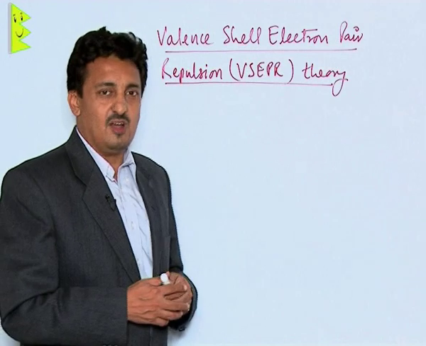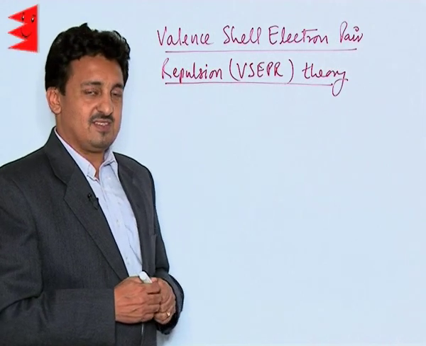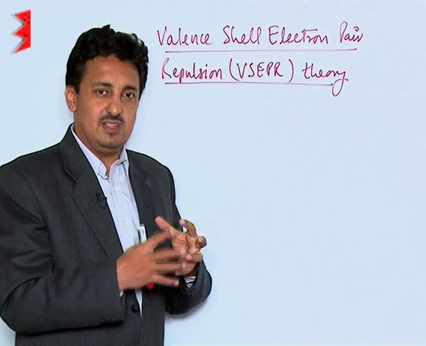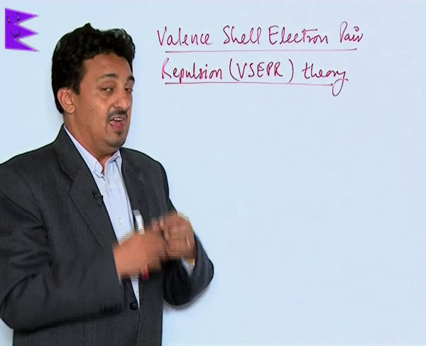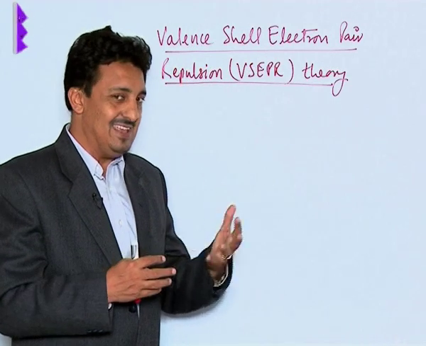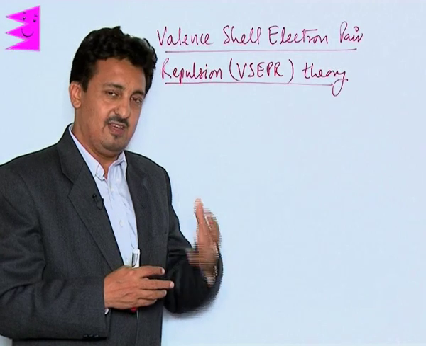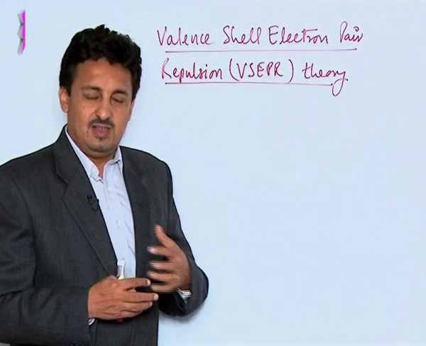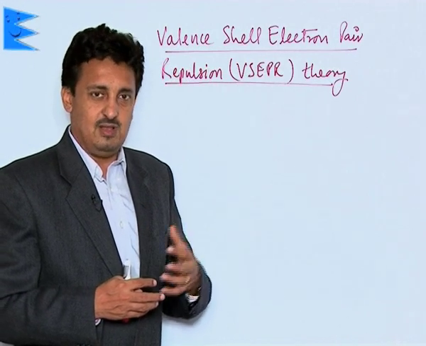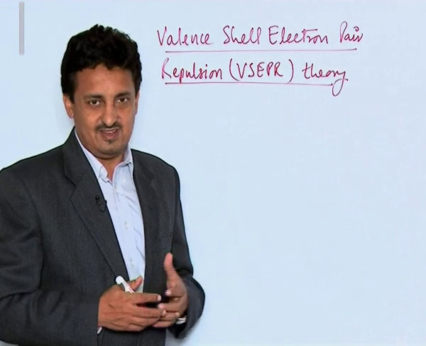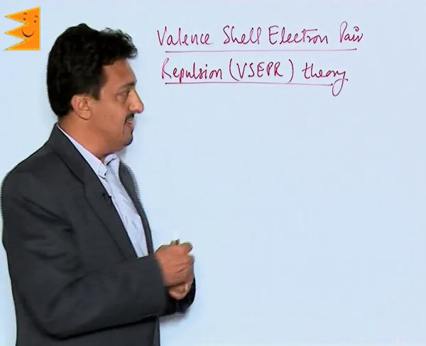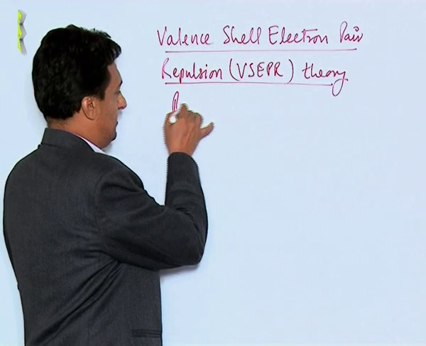Now this theory is based on certain facts. This theory already accepted that the molecular species exist in different molecular structures like linear, trigonal planar, tetrahedral, trigonal bipyramidal, octahedral, square bipyramidal, pentagonal bipyramidal, etc. Now, what are the postulates of the theory?